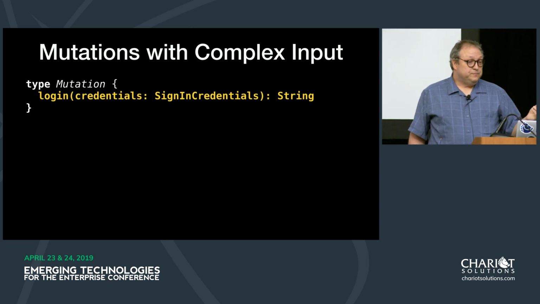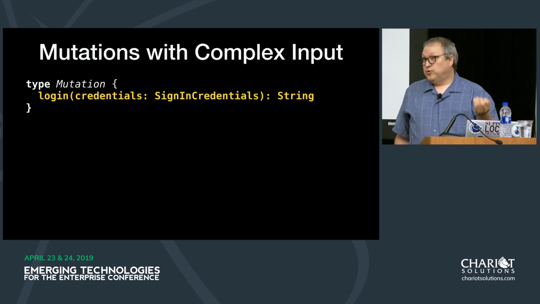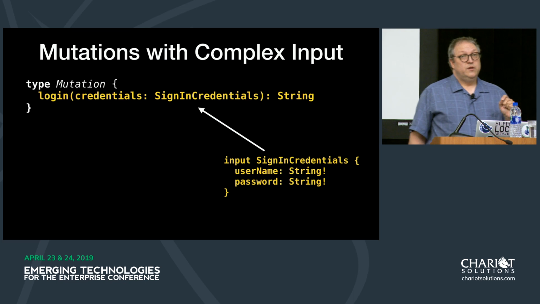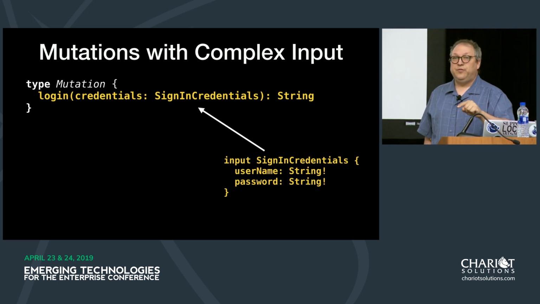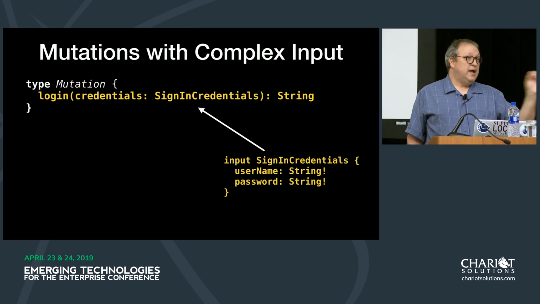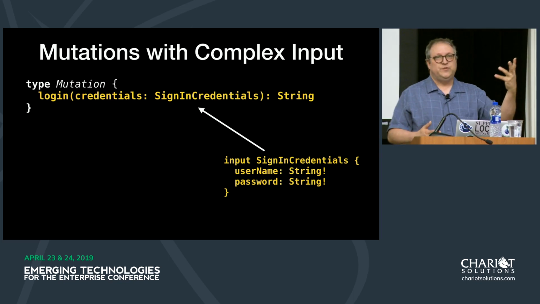So in that case, we feed in an object called credentials of the type sign-in credentials. Now, that type is an input type. Types that are fed in through parameters are called input types. So instead of saying type whatever, you say input whatever. I don't know why they did this besides separation, but they've decided that input types are different than types.